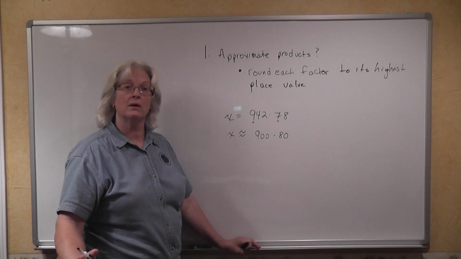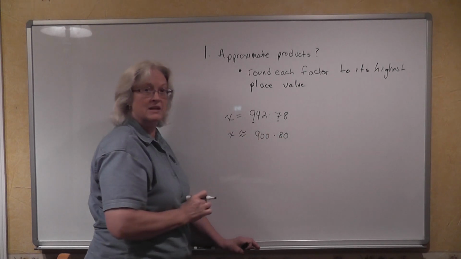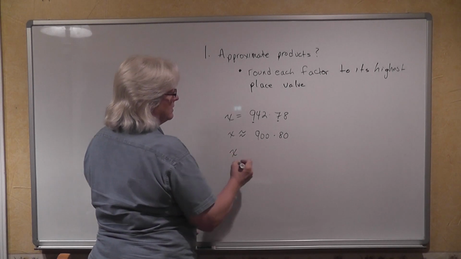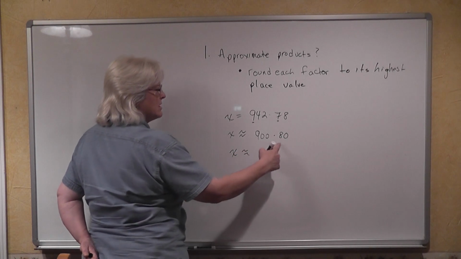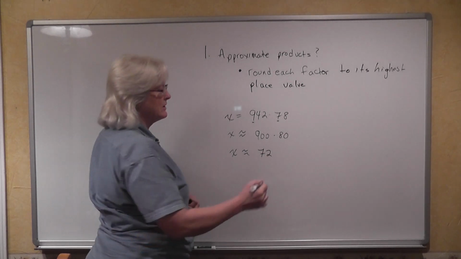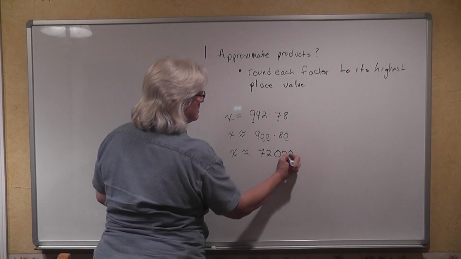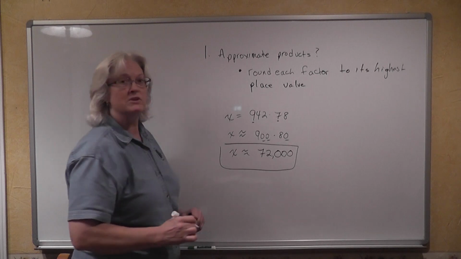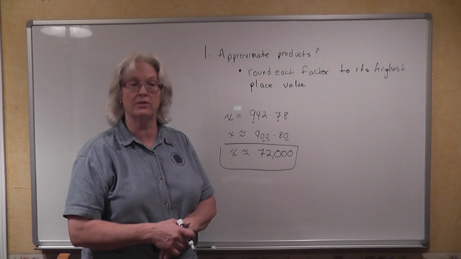Now, if you remember how to multiply when you have extra zeros added on, multiply the non-zero digits together. x is approximately equal to 9 times 8, which is 72. Then how many zeros do I have? 1, 2, 3. So the approximate result of 942 times 78 is approximately 72,000.